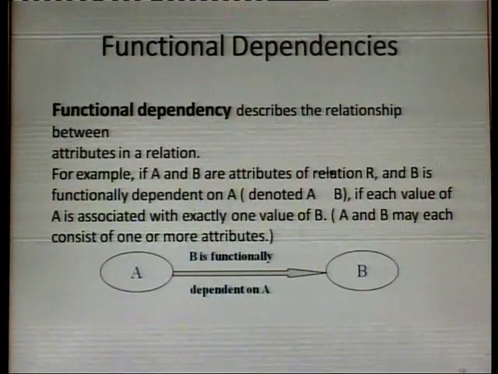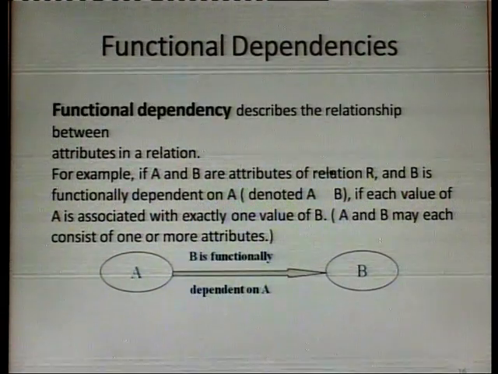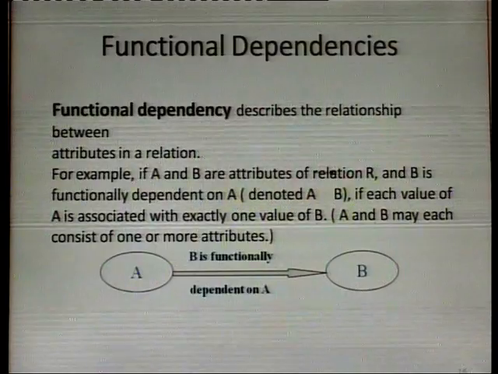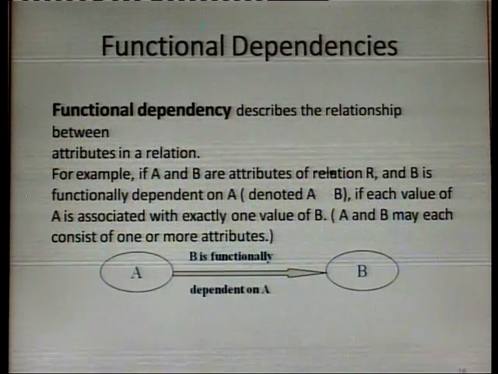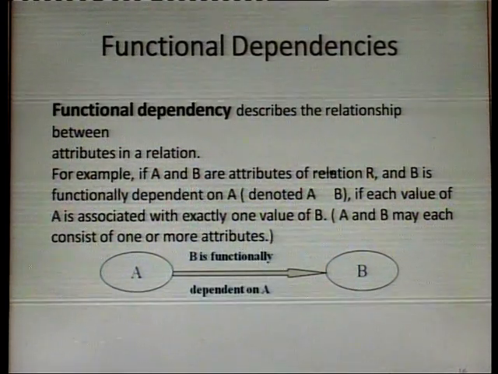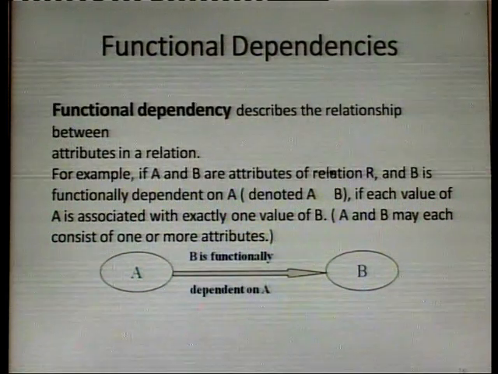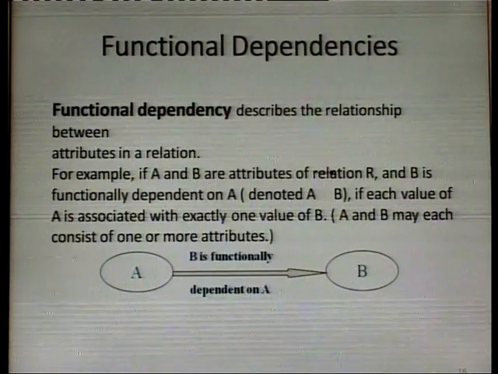For example, if A and B are two attributes of relation R, and B is functionally dependent upon A, denoted A to B, then each value of A is associated with exactly one value of B. A and B may each consist of one or more attributes. This is the functional dependency between two attributes of a relation.